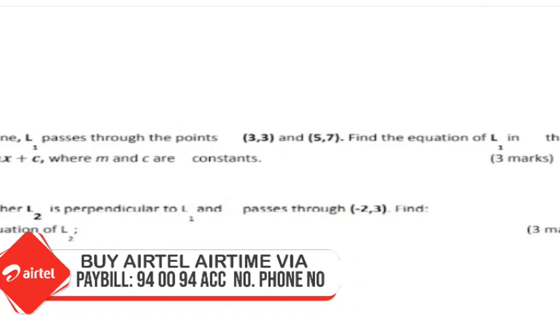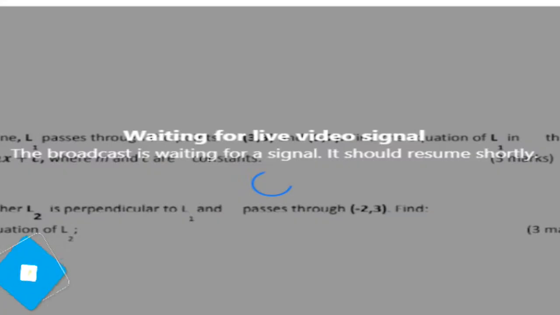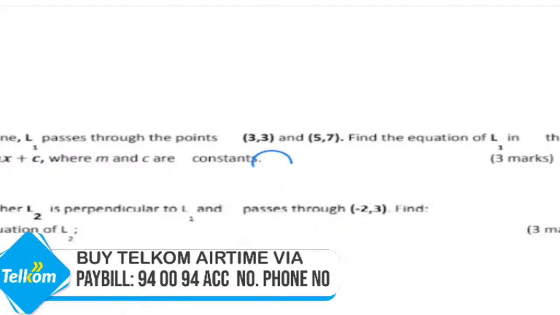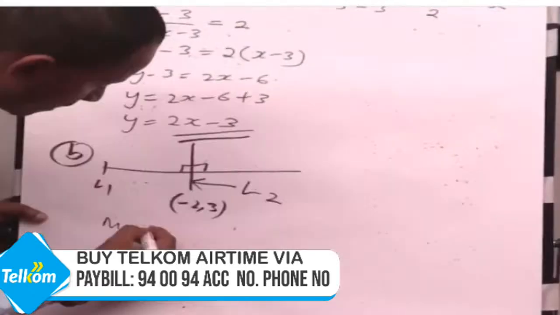It passes through the point (minus 2, 3). Find the equation of L2. Again, the gradient of L1 is 2.